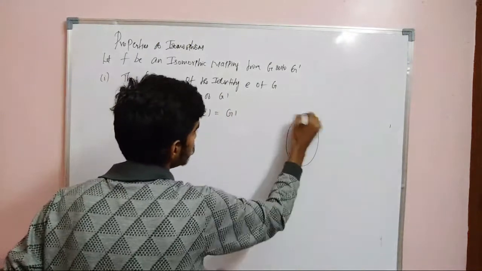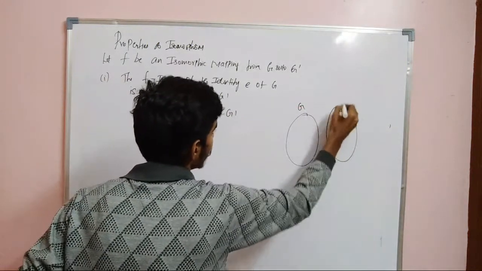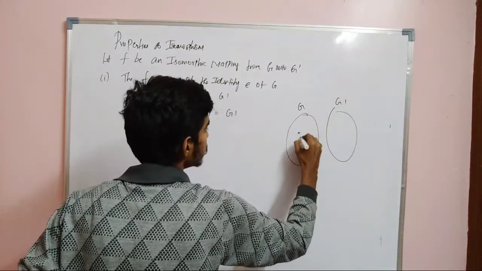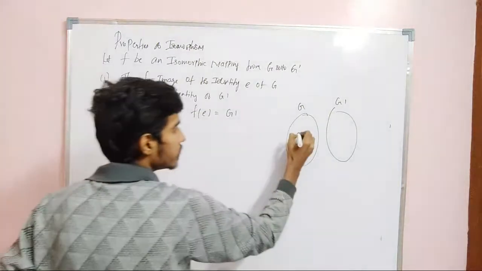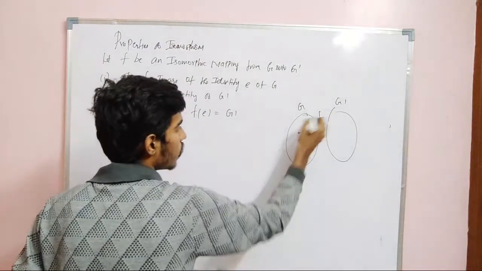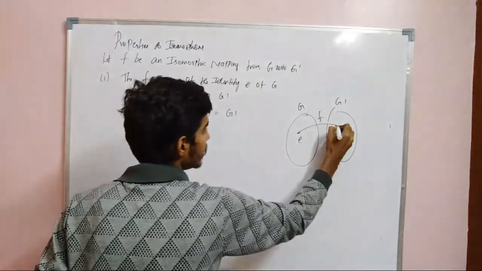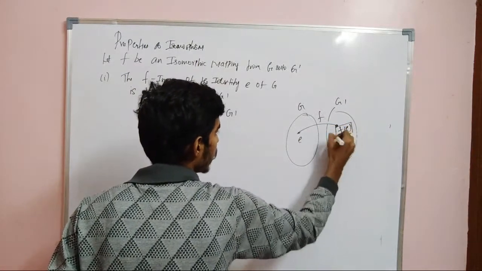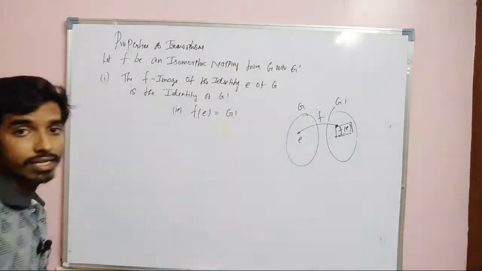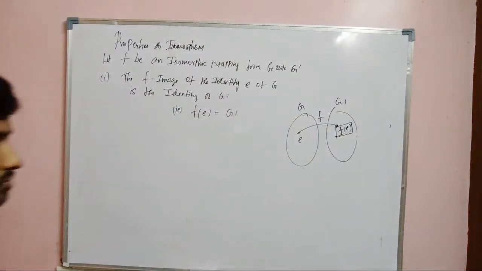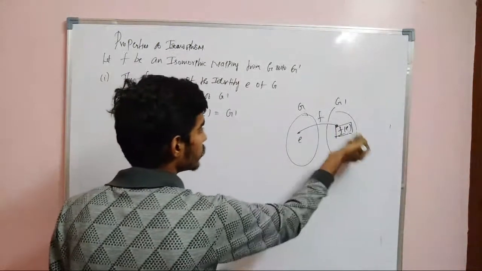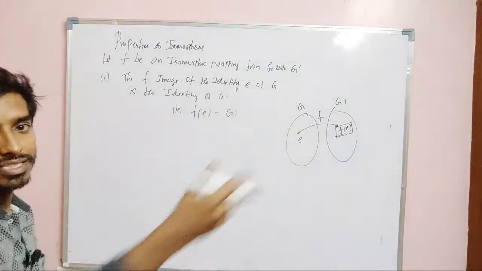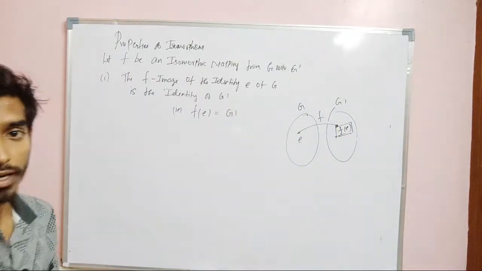So if you have G and G dash, and E is the identity of G, and this is an isomorphism, then E will have some image F of E, and this F of E is the identity for G dash. This is the one we first need to prove. That is, the image of E is the identity for G dash. G dash will have an identity because it is also a group.